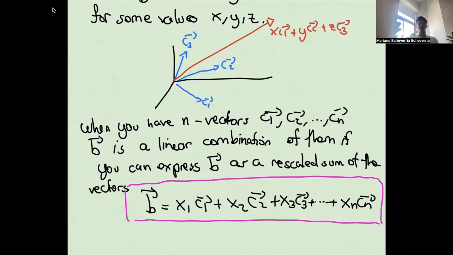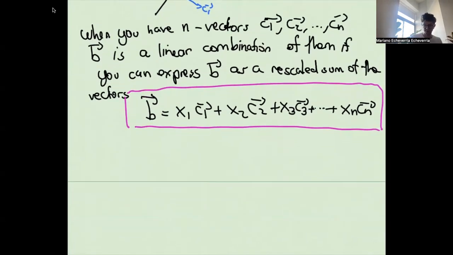Okay, just to give you an example to make it a little bit more concrete, here's an example.